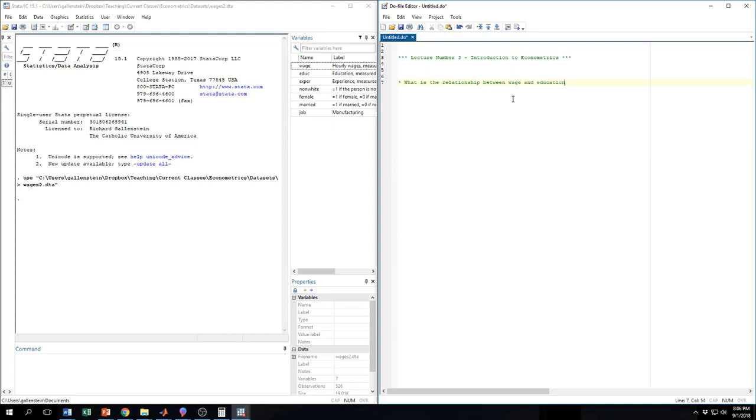That wasn't exactly the question, but that's basically the question. We might phrase the question a different way, and that is, do wages increase as education increases? Okay, so we're going to ask ourselves that question.